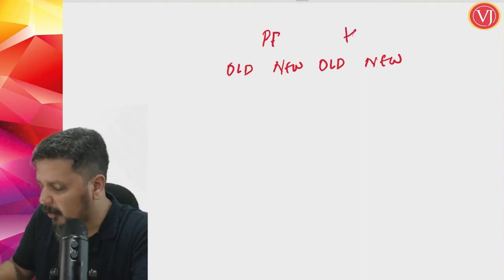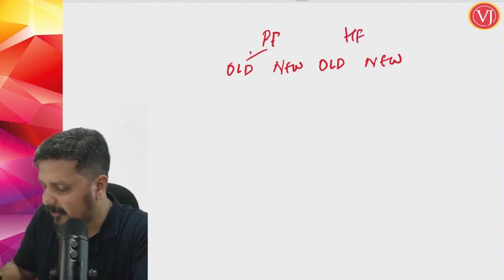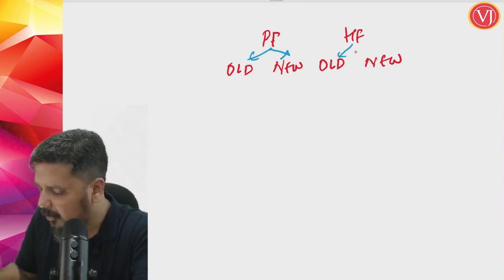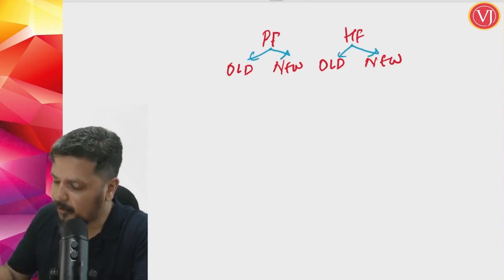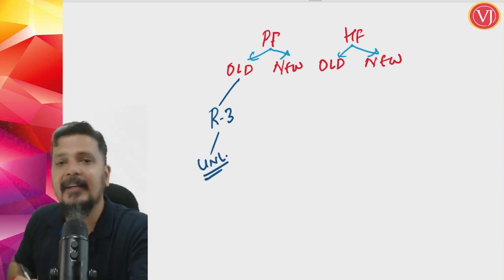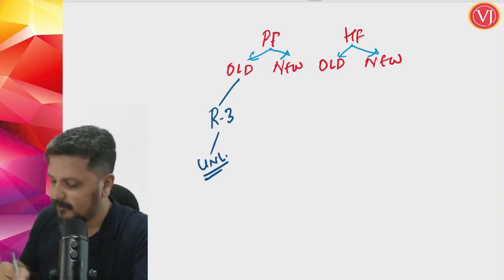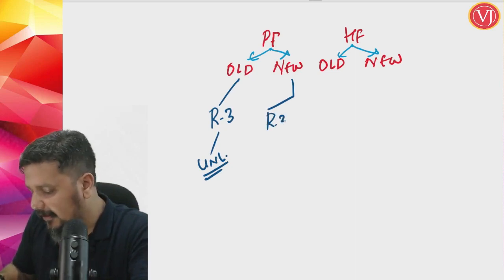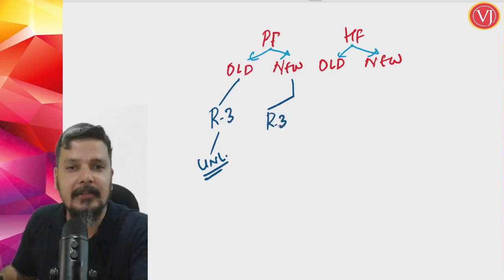Now if you are talking about personal effects, if it is used, old, you will always take the benefit under Rule 3 because there is unlimited exemption. Personal effects which are new, you will try taking the benefit under Rule 3.